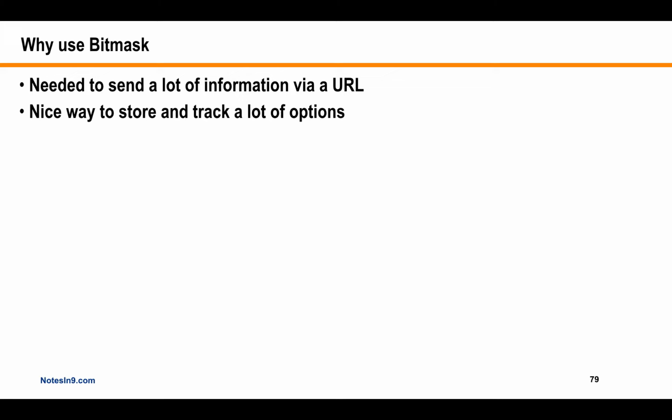So why do you need to use a bitmask? Well, here's what happened to me in the day job. I had a bunch of XPages databases, and they all kind of talk to each other. I had to have some separate databases here because we had some pre-existing stuff. So I made this reports database to call it, and it was a standalone.